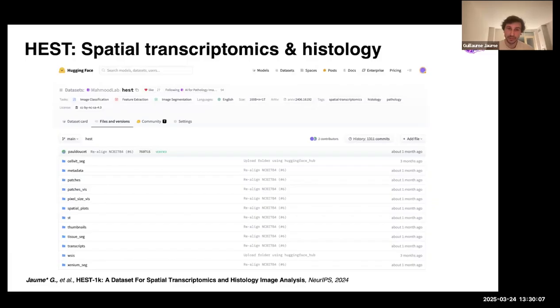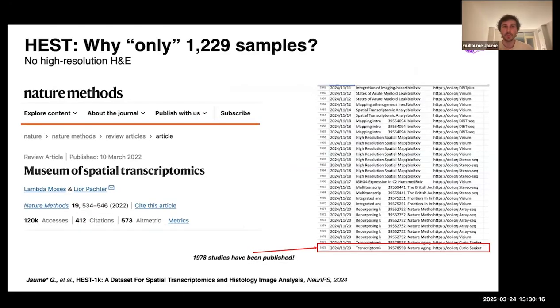So this is all public. It's all hosted on Hugging Face, so again, it should be pretty easy to download. And one small note here is, why only 1,200 ST?